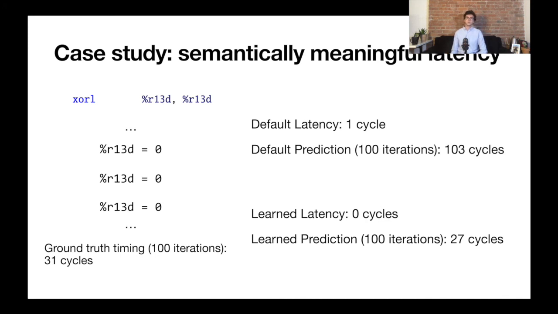So DiffTune learns a way around the lack of zero idiom detection by instead learning a write latency of 0, meaning that instructions dependent on an XOR don't actually have to wait for that XOR to finish executing before they dispatch. This isn't always correct for all types of XORs, but it does allow LLVM-MCA to make more accurate predictions in the very common case of using an XOR as a zero idiom.